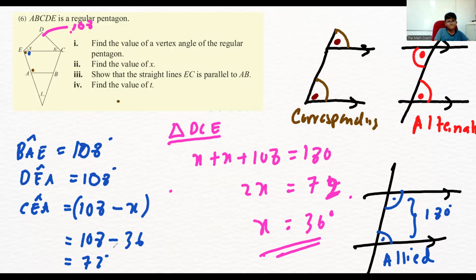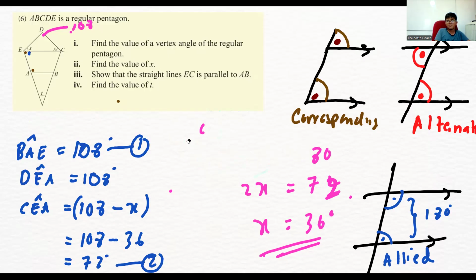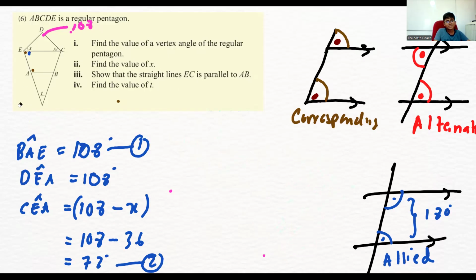Okay, so now we take this as number 1, we take this as number 2. So now what we know here is that we can add both of these numbers to find the answer. So 1 plus 2, how much does it give?